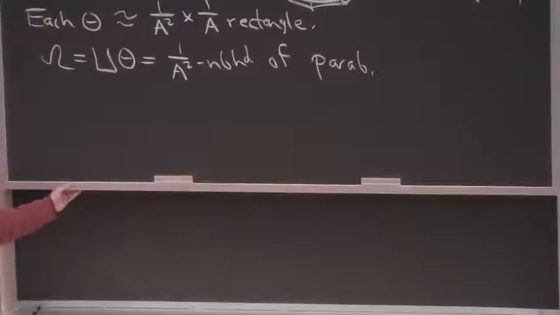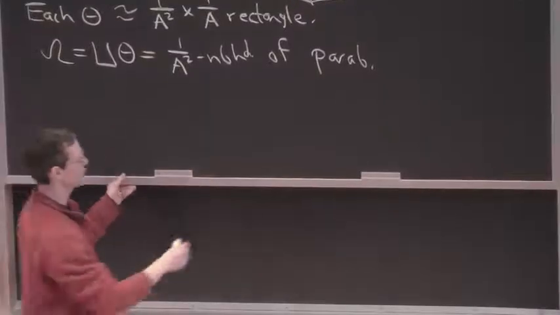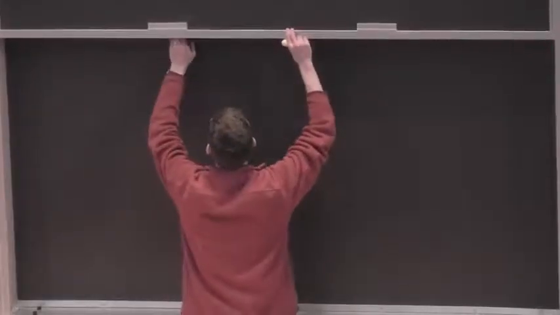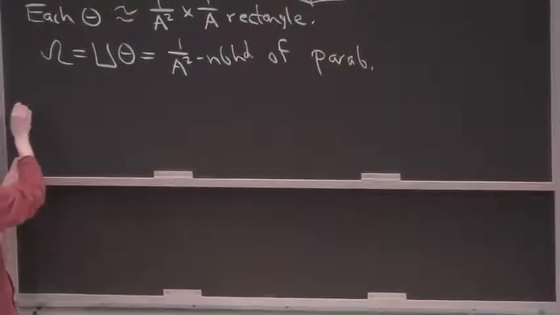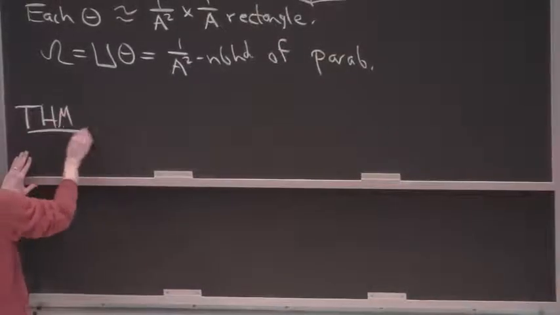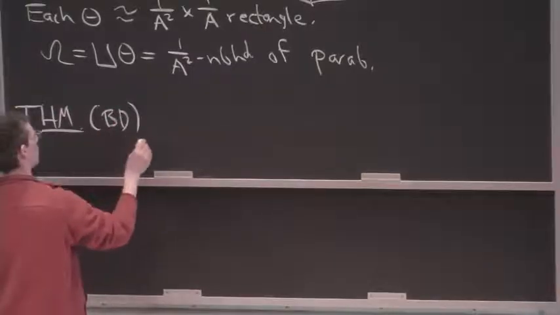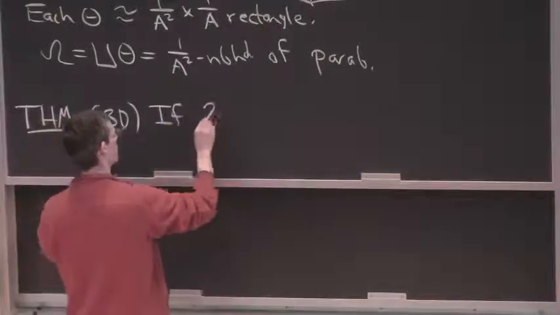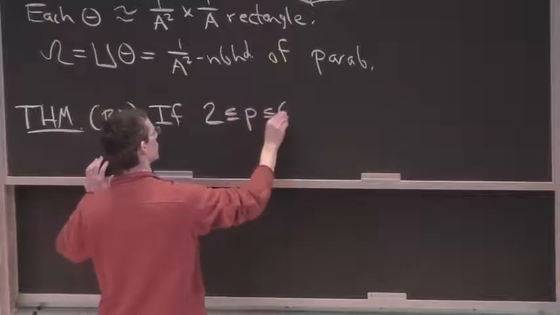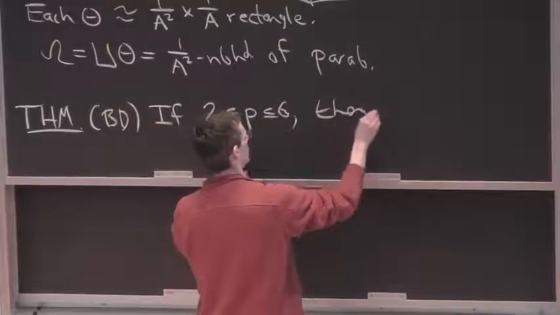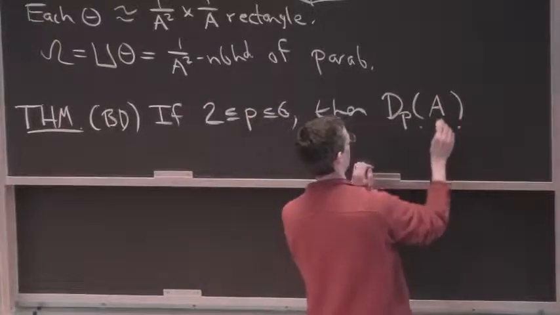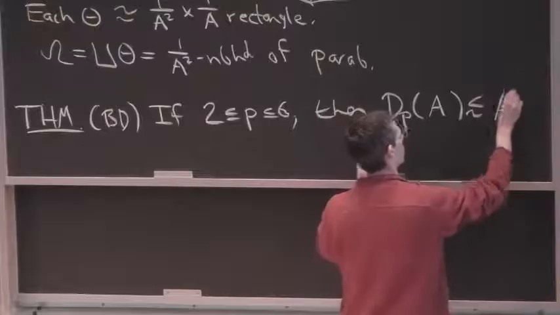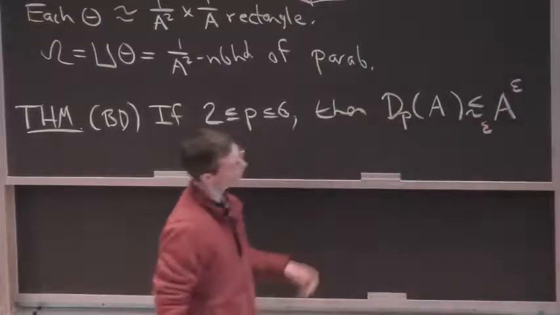So this is an interesting example, and the decoupling theorem that Bourgain and Demeter proved is the following. Theorem, Bourgain and Demeter: if p is in the range between 2 and 6, then the decoupling constant of this situation grows very slowly.